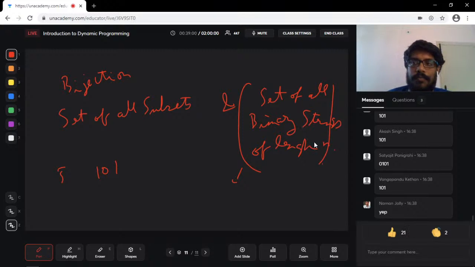Can you think of some other way to look at this? If you think of all these binary strings as binary numbers, what will be the decimal representation? What will the set correspond to then?